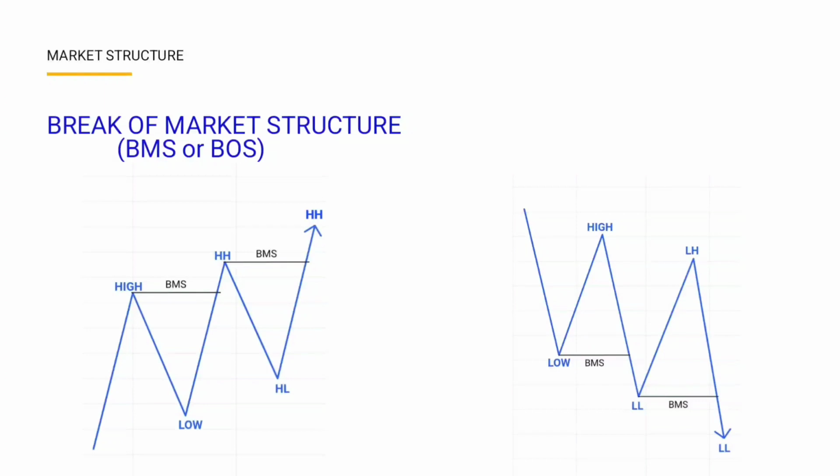Then for the bearish trend, we form a low, we form a high, we form a lower low, a lower high, and a lower low. Now, in a bearish trend, break of market structure is formed when a lower low is created. So that is what we call a break of structure, or BMS or BOS.